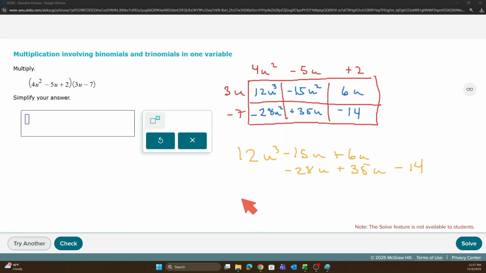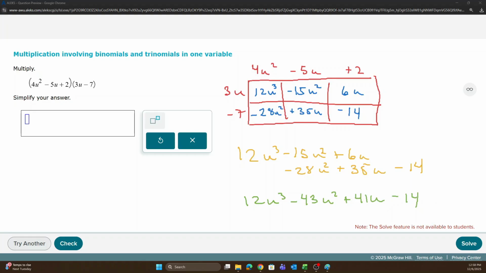Gives us 12u cubed minus 43u squared. That was supposed to be squared. I need to square those. And then 6 plus 35 is 41u, minus 14.